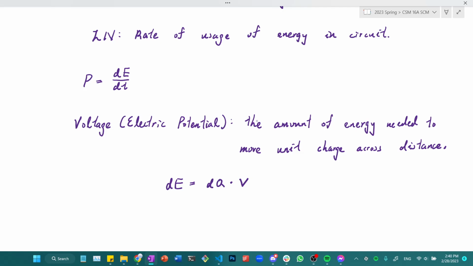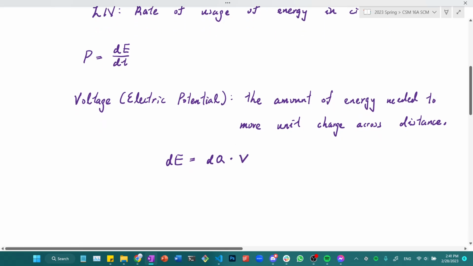Moving something to another place usually requires some energy, as you'll see in a gravitational example. Here we're talking about electric potential, which means it takes electric energy to push a charged particle into another place. So now we know that dE is equal to dq times V, and that's what the equation really stands for.